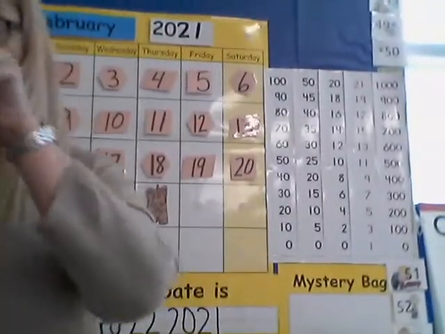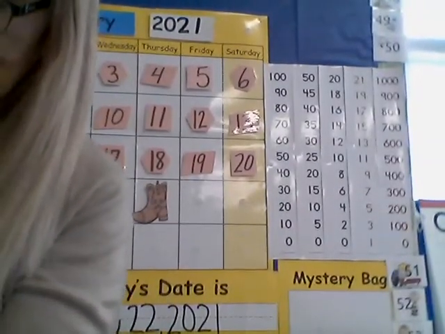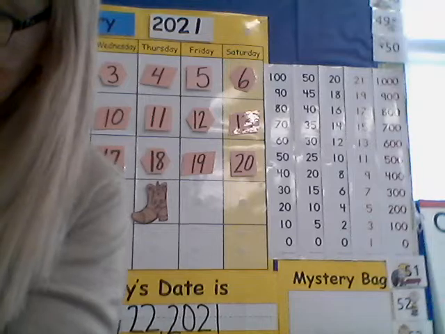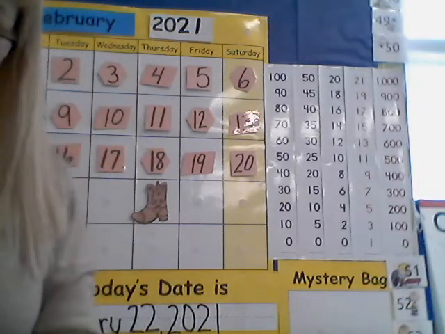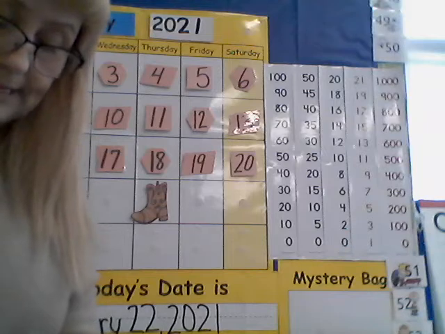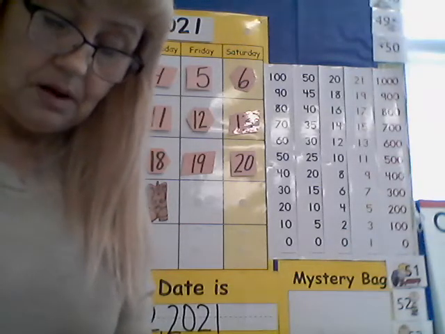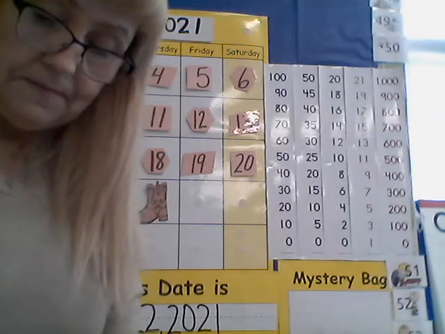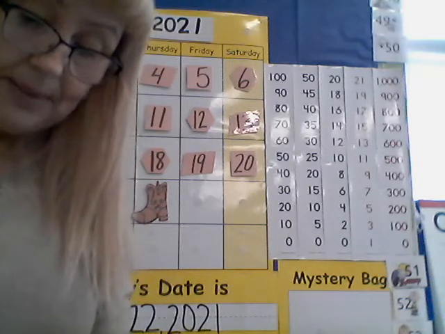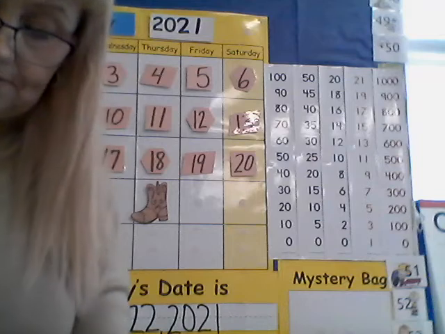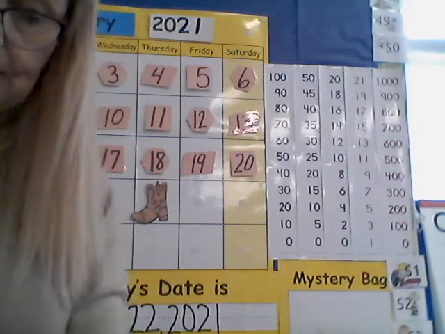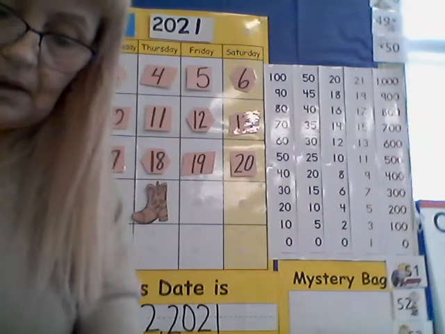Let's see if we have 9 dimes. Make sure all of this out. I'm going to sort my coins. That means I'm going to put all my dimes in one pile and all my pennies in a different pile. All right, so first off, let's count and see how many dimes we have.